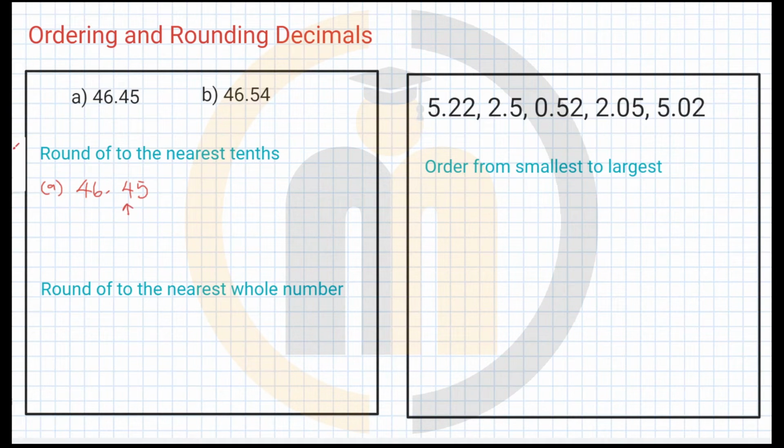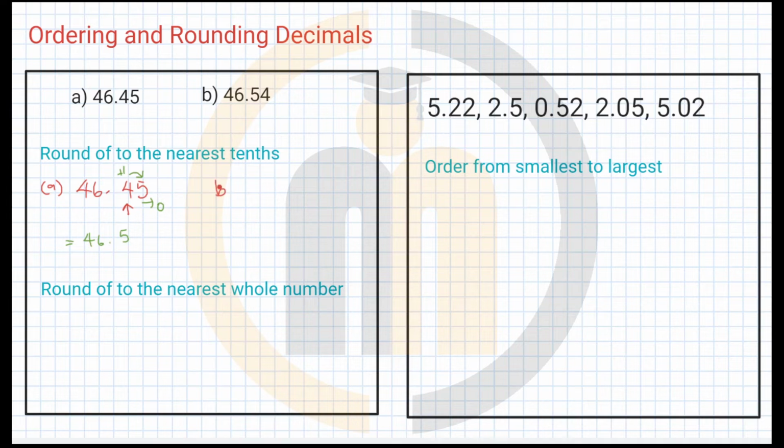We round off like we always do. We've learned rounding off, so we do it as we always do. We refer to the number to the right. If it's 5 and above, you round up. By that I mean you add 1 here, and the remaining numbers in that direction turn to 0. So your answer here will be 46.5. You round off just the same as you do whole numbers.